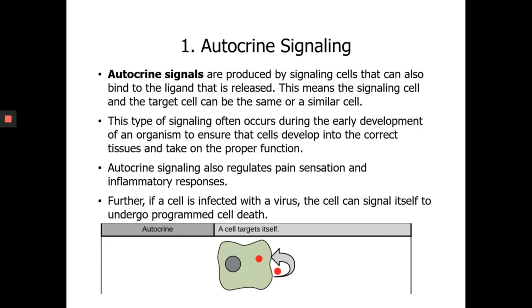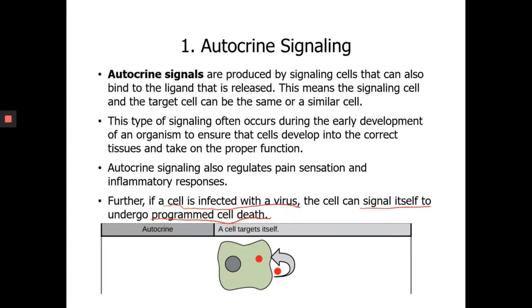Okay. All right. So the first one, autocrine, I already mentioned this a little bit. There is a very good example of autocrine signaling, and you might be interested in this. If a cell is infected with a virus, the cell kind of knows that it's going to die, so it's going to send signals to itself to undergo programmed cell death.